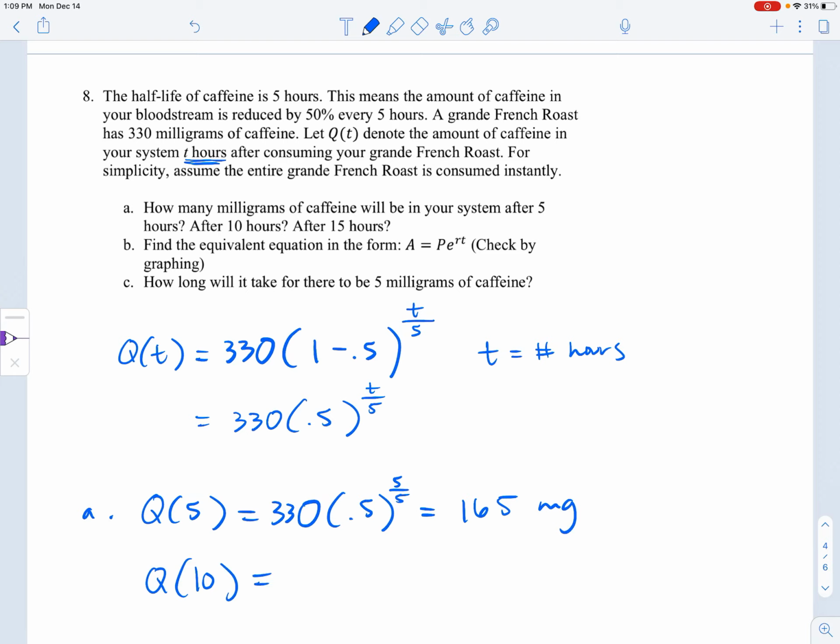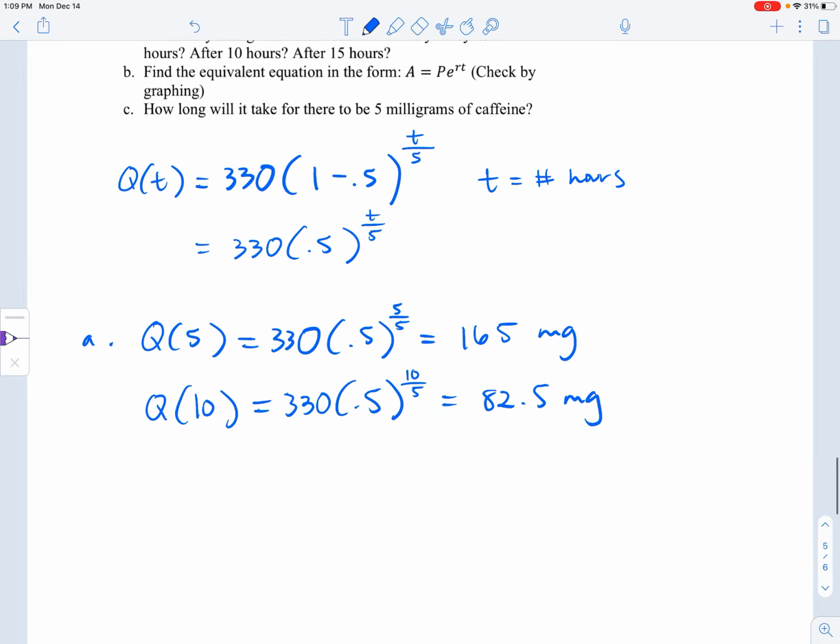And for 10 hours, that's after 2 periods have occurred. But again, using our model here, that's 330 times 0.5 raised to the second power gives us 82.5 milligrams.